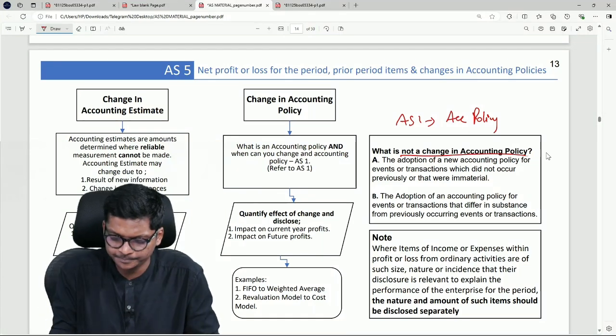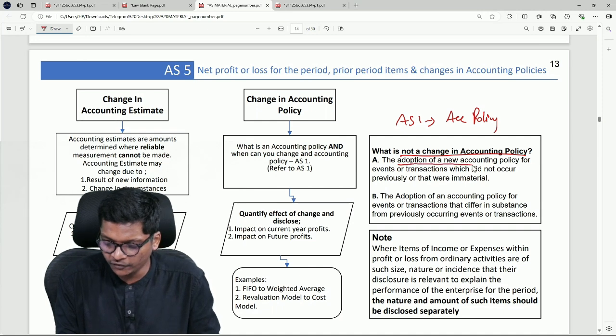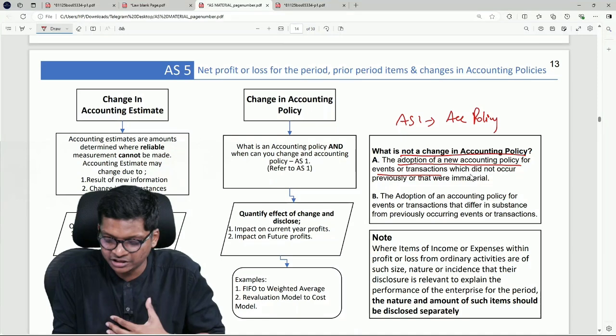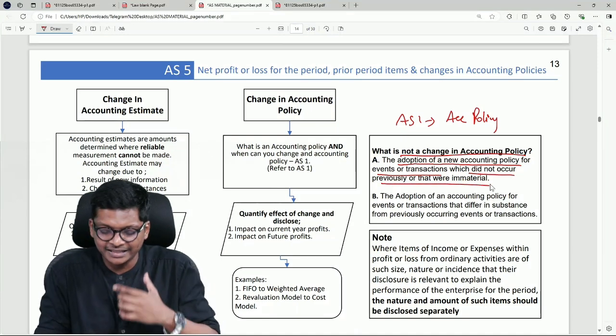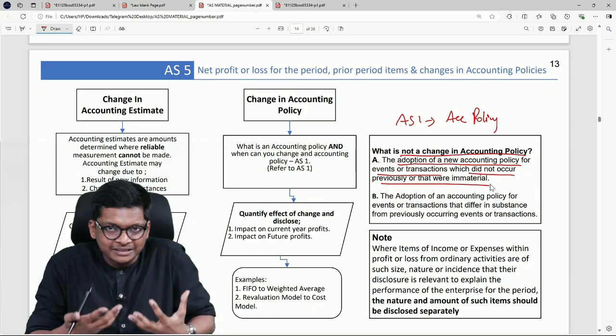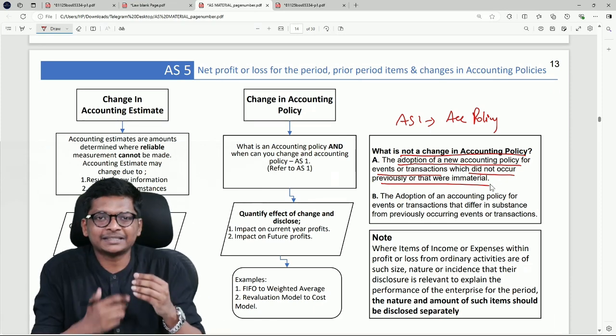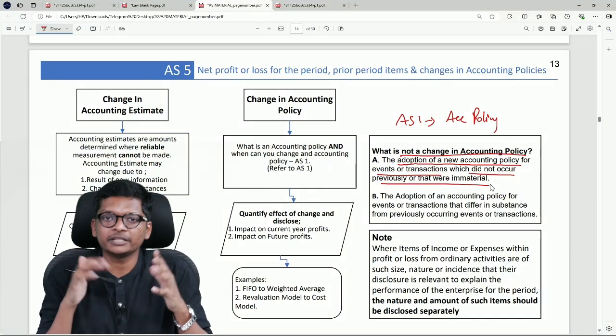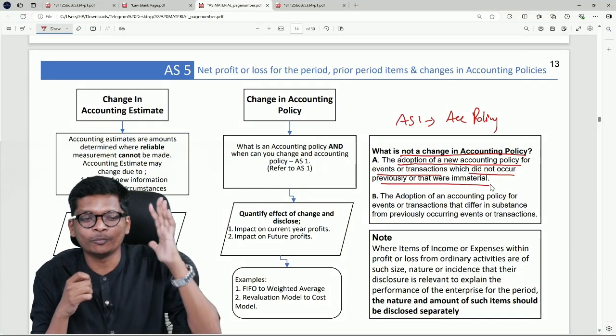It says, the adoption of a new accounting policy for events or transactions which did not occur previously or that were immaterial. I am introducing something for the first time. For example, in my office, employees will sleep here only. Sir, what are you saying, sir? I won't let them go home.